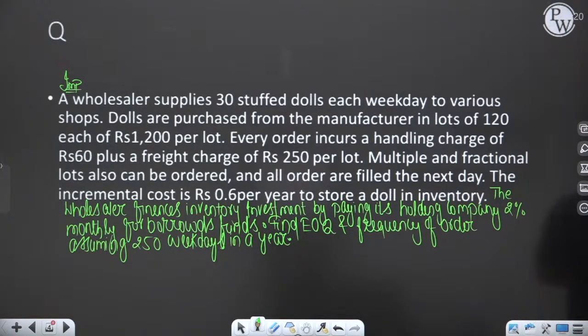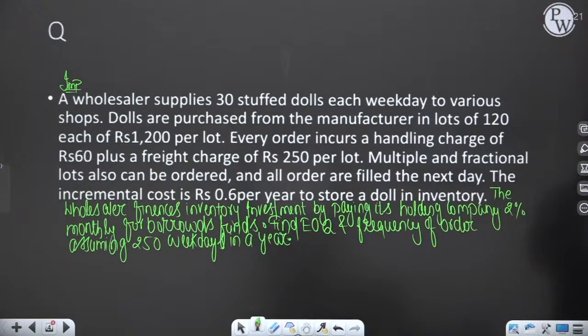Within this single question, I am asking basically 3 sub-questions. Here you have to find the economic order quantity, here the number of orders, and here the order cycle, the time between successive orders.